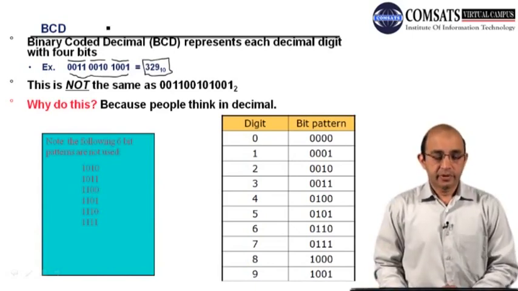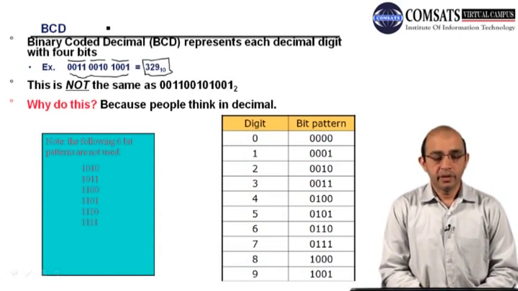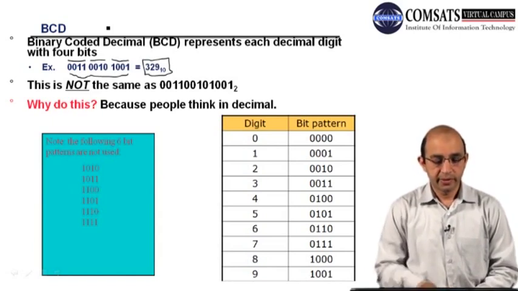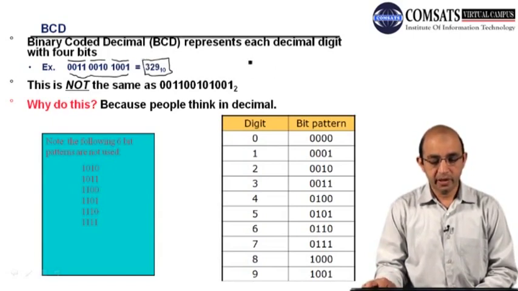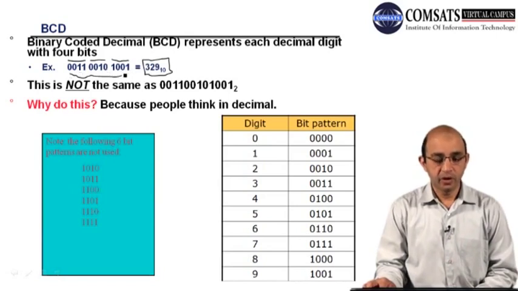So in that coding scheme, we represent each decimal digit with 4 bits, right? If you take the example of this number, we have 3 different 4-bit combinations.